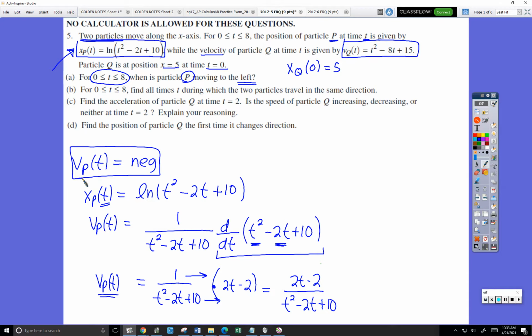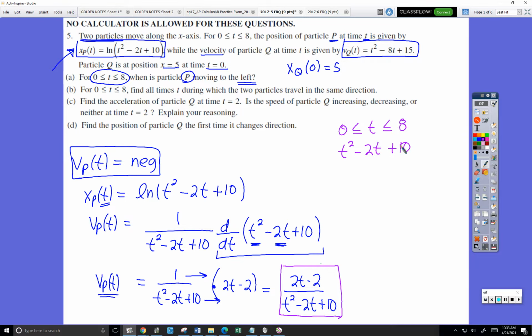When you have a fraction, it makes it easier because you can analyze the top and bottom separately. I would have thought to factor the bottom, but it doesn't factor. So I really had to just think about what's happening between time 0 to 8. And I think if I plug in 0, the value will be 10. So that's positive.